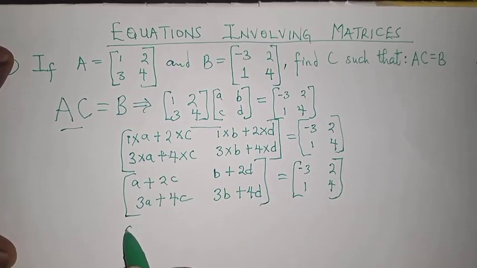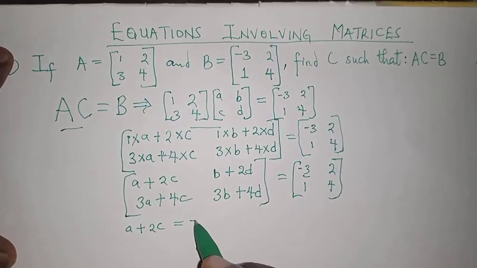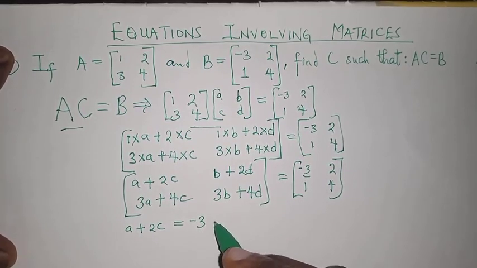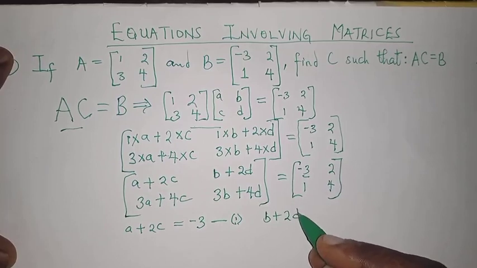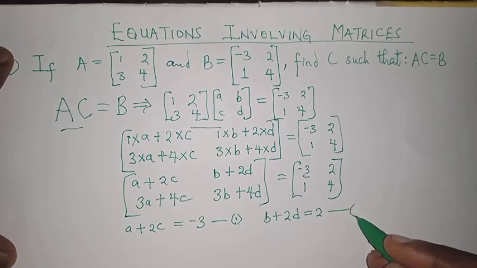That is, A plus 2C can be equated to minus 3. Let me call this equation 1. Then B plus 2D can be equated to 2, and I'm going to call that equation 2.